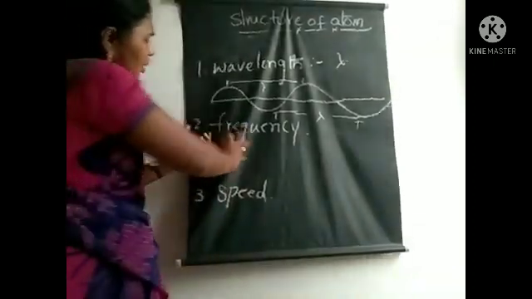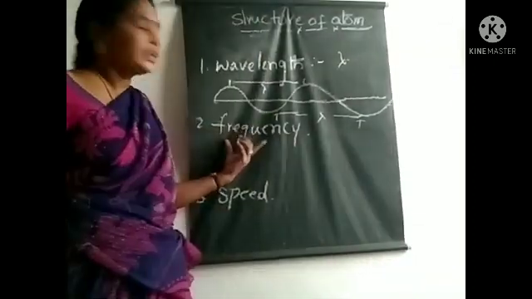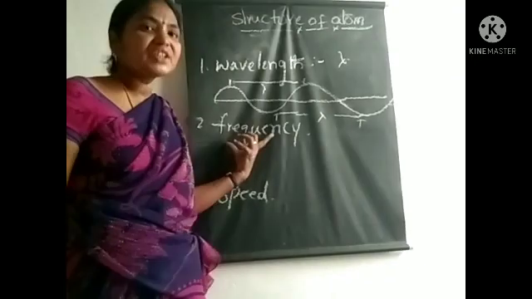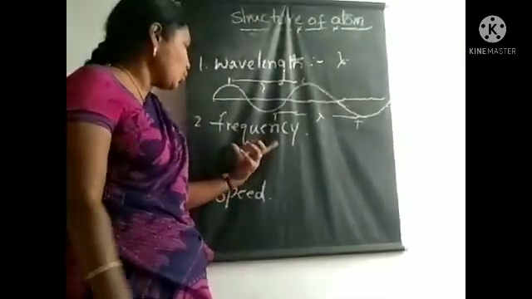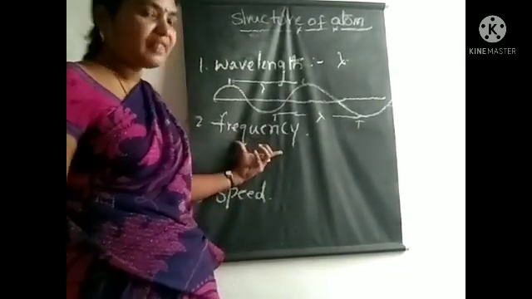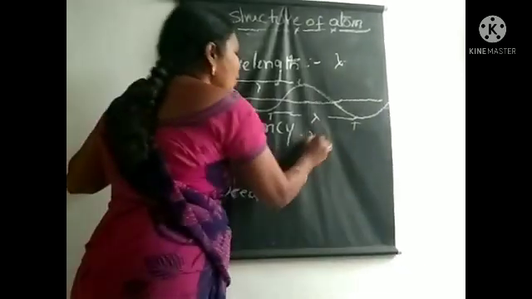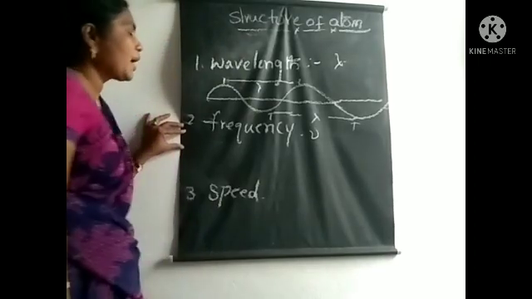Next, we learn about frequency. Frequency means the number of vibrations that take place in a particular period of time. Frequency is denoted by mu.